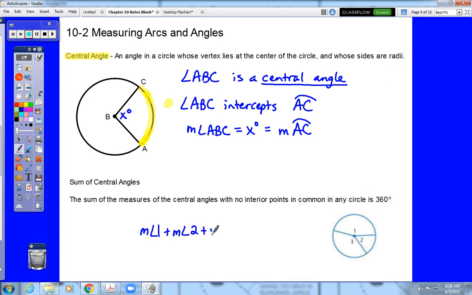So in that picture, the measure of angle 1 plus the measure of angle 2 plus the measure of angle 3, those three central angles make up the entire circle. So they would add up to 360 degrees. And the same thing would be true of their intercepted arcs. They would also add up to 360 degrees.